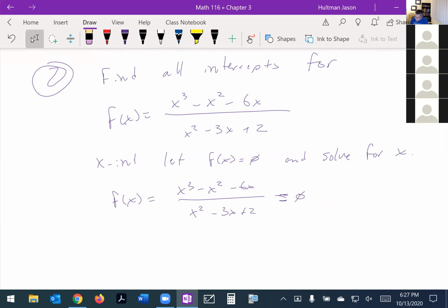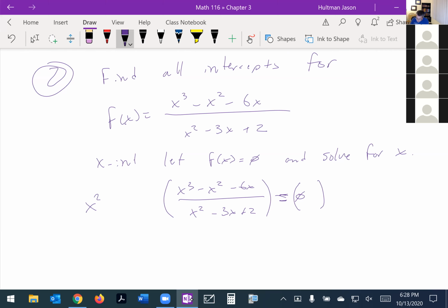What I'm going to do is multiply both sides by the denominator. It's basically like throwing the denominator in the fire. That 0 there is going to burn it up.